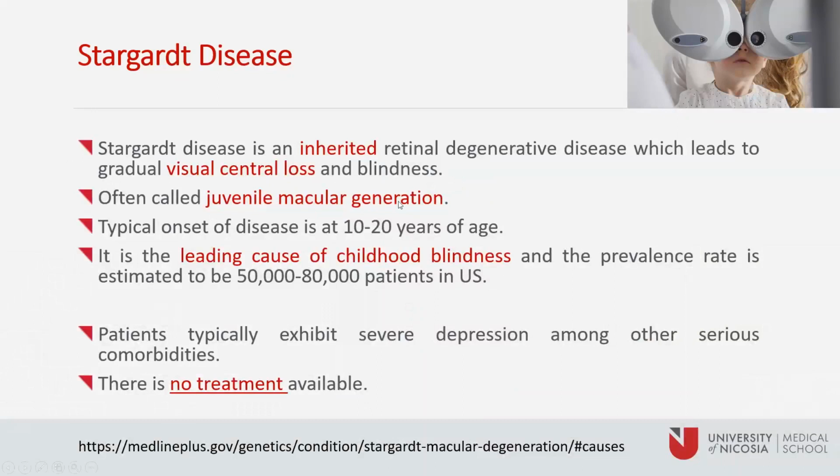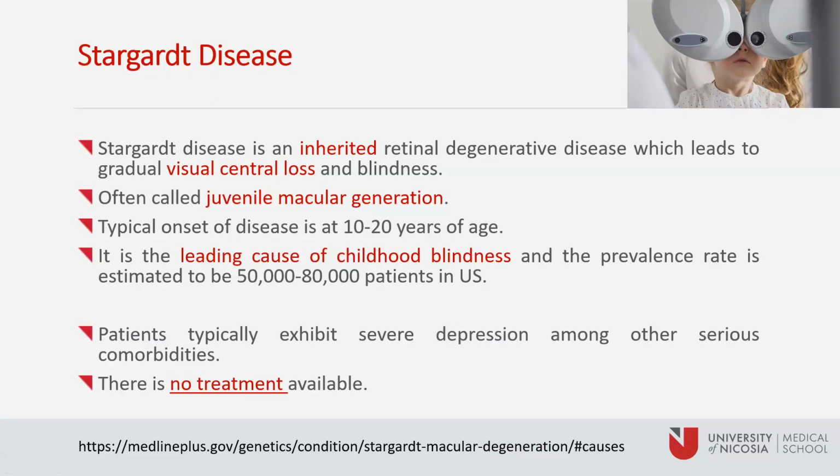So that means that it can mimic some of the clinical presentation of AMD, but the difference is that not only is it inherited, but also the onset of the disease is quite early. So it can happen in young individuals of 10 to 20 years of age. So this is the leading cause of childhood blindness, and the prevalence rate is estimated to be about 50 to 80,000 patients in the US.